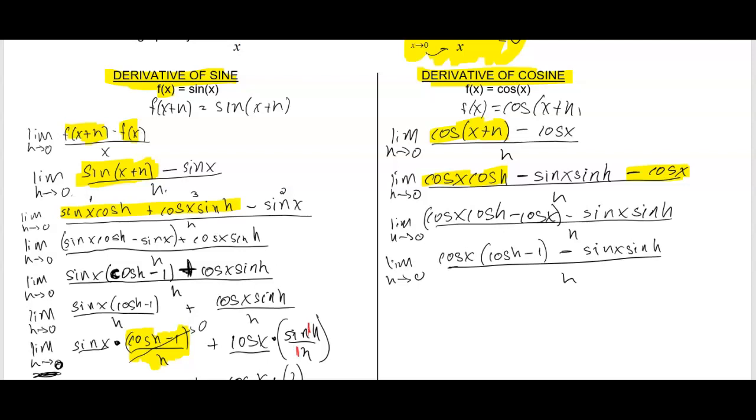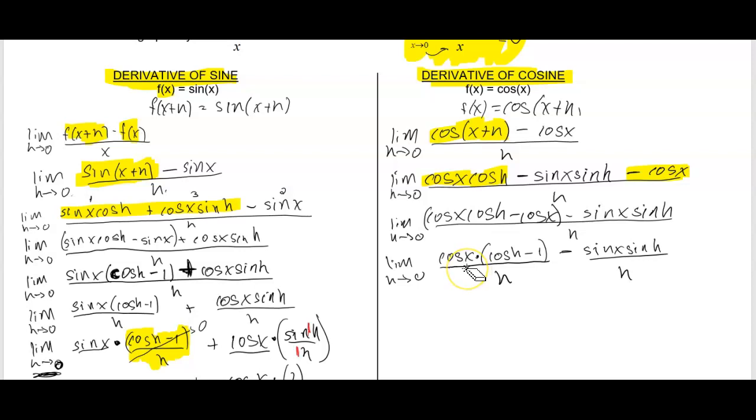Similar little algebra shortcuts now. We're going to take that h and divide it into this one, and divide it into that one. So we're going to split this fraction up into two fractions so that just this gets divided by h and then this gets divided by h. Also similar to the previous problem, we're now going to take this product and just divide one of those two terms by the h.